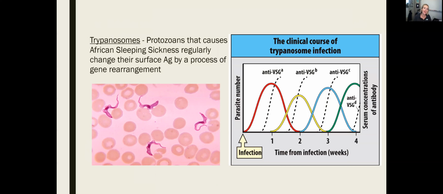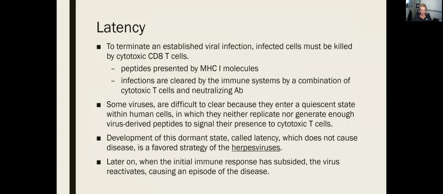And then the body's like, well, what the heck? Now this first organism isn't here, we got this new one. And so it makes the antibodies, a response to it, and then the trypanosome is like, oh, they figured us out, let's get a new one, stop making that protein. And so they can change their outer appearance and make the immune system super confused and end up causing quite lengthy symptoms. Crazy stuff.